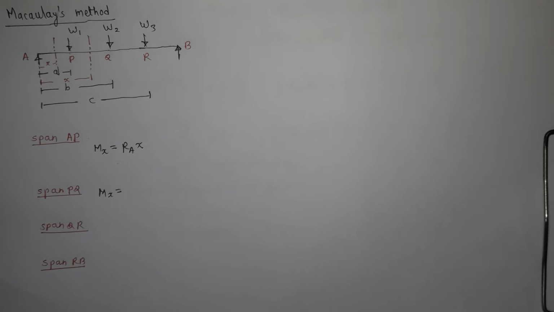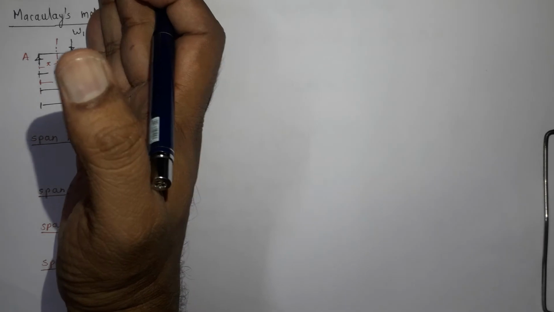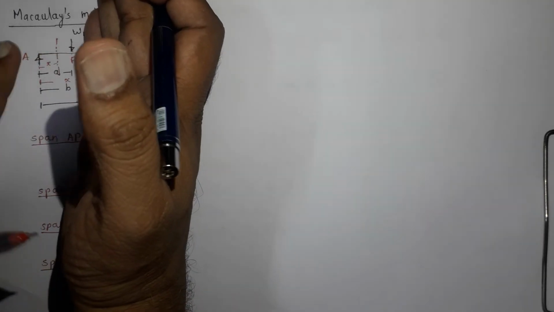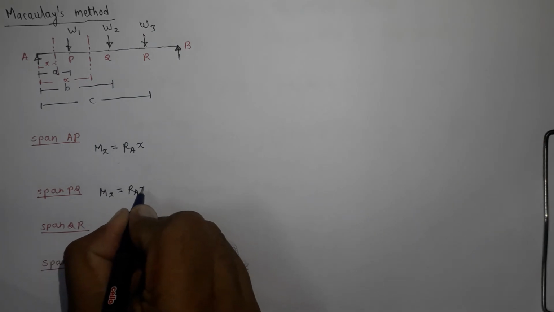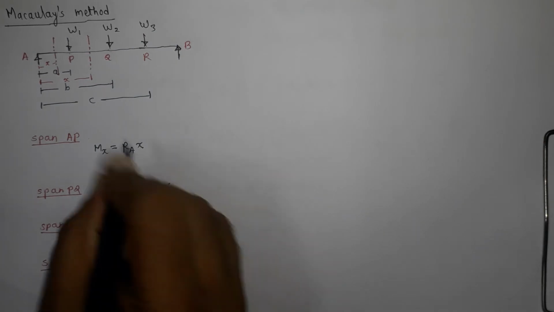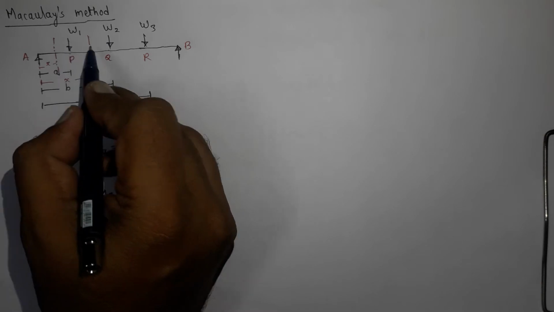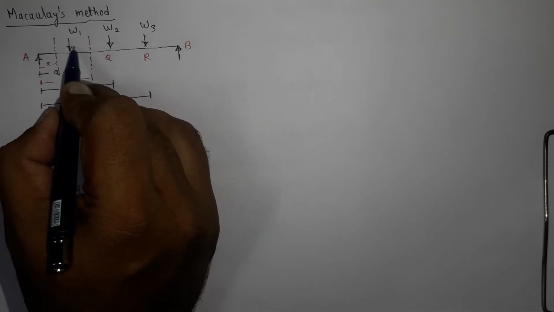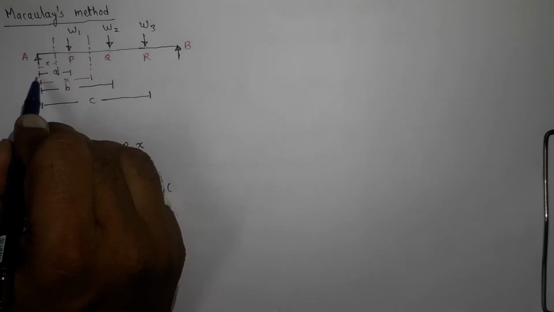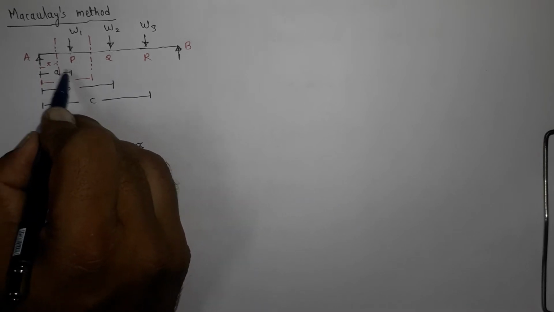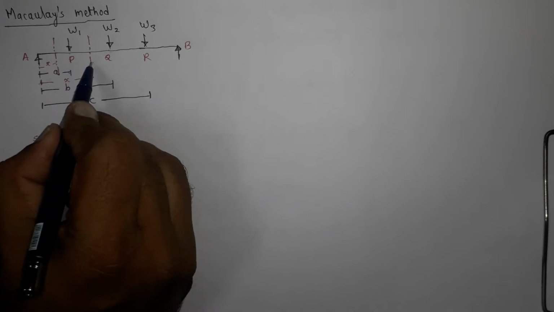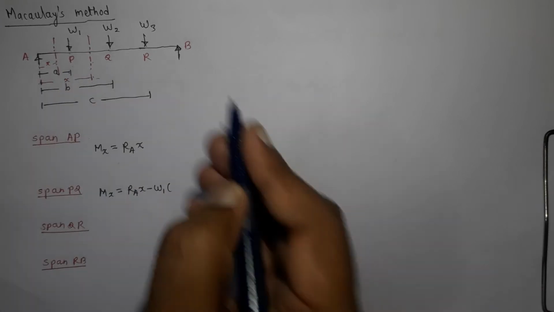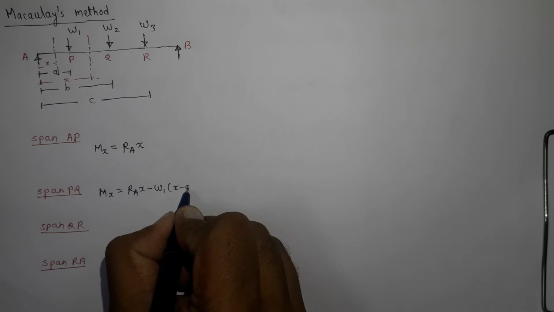The bending moment at this section will be Mx equal to, there are 2 point loads now to the left of this section, one is RA, second is W1, and the bending moment will be RA into x minus W1 into the perpendicular distance between W1 and the section. The total distance is x, this distance is A, and that is why the distance between these two will be x minus A.